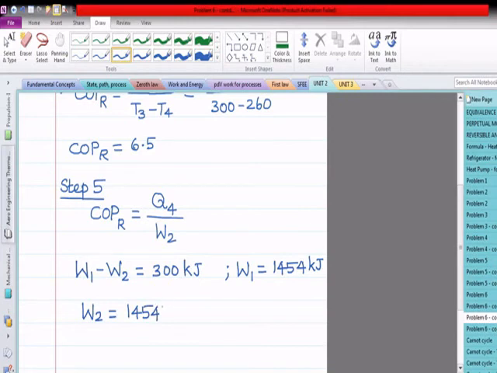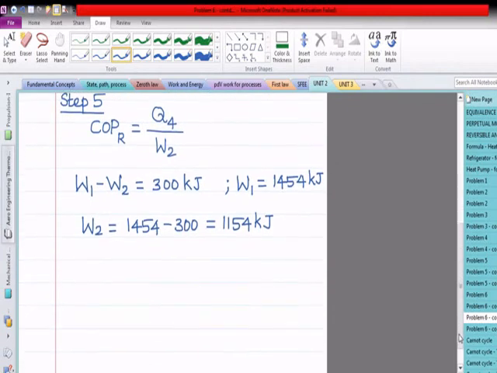So W2 is equal to 1454 minus 300, which will be equal to 1154 kilojoule. Now I know the value of W2 and the COP of the refrigerator. Knowing these two values, I can find the value of Q4.